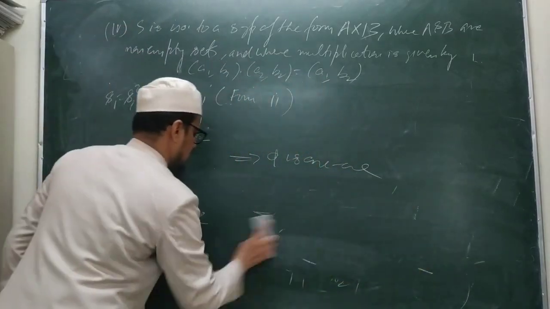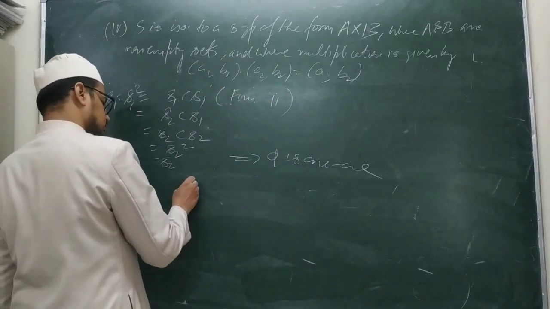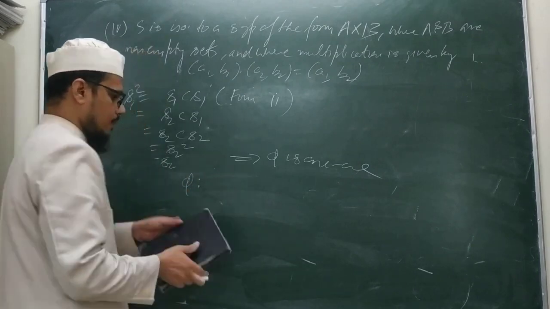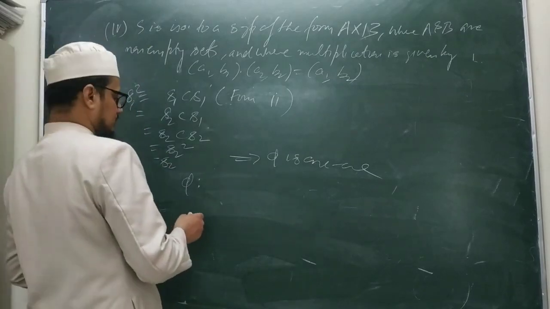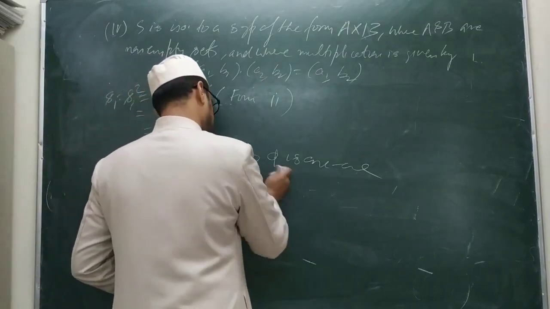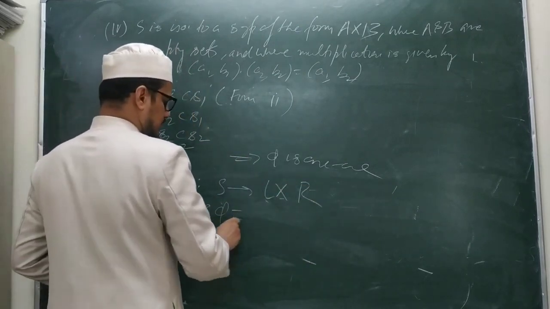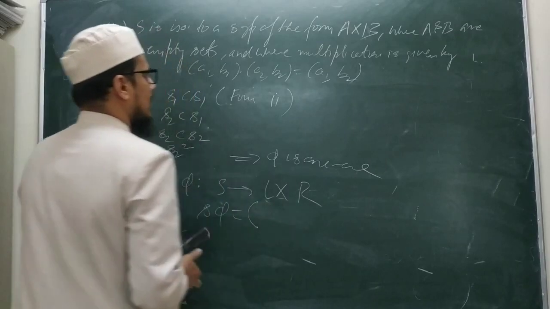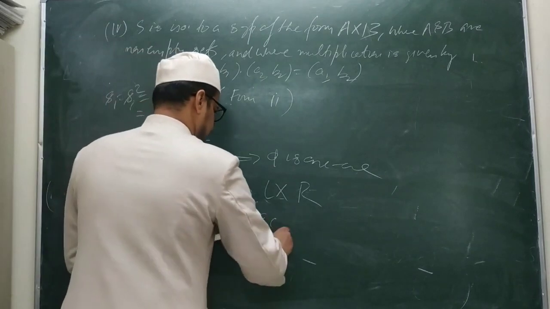See, what is our map? Map is like this: L cross R, and the map is S phi is equal to SC comma CS.